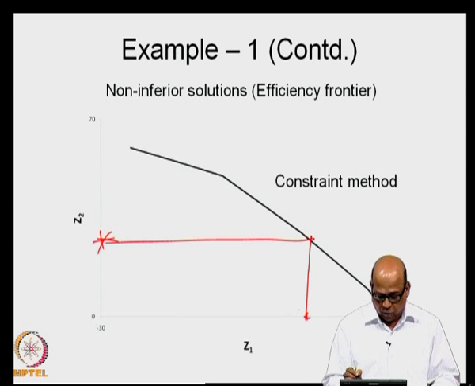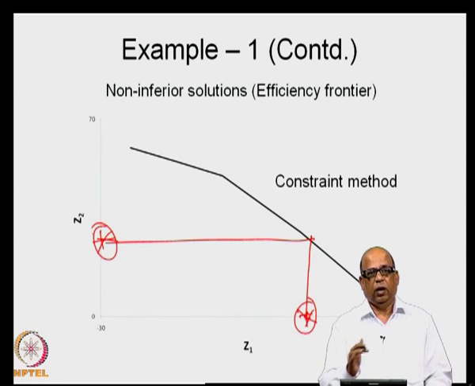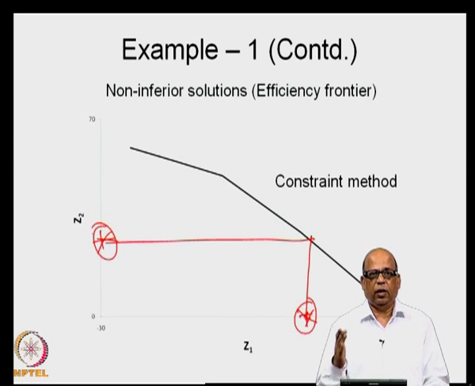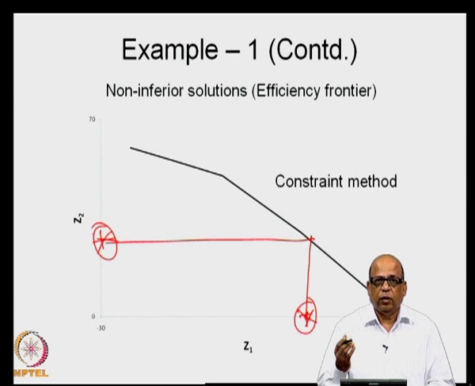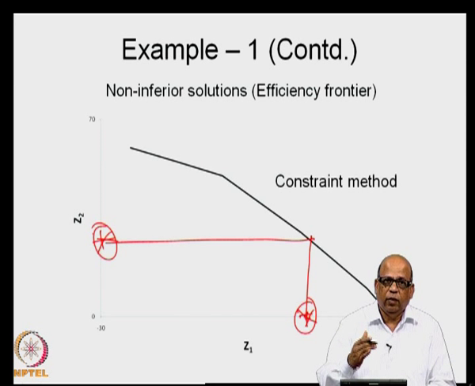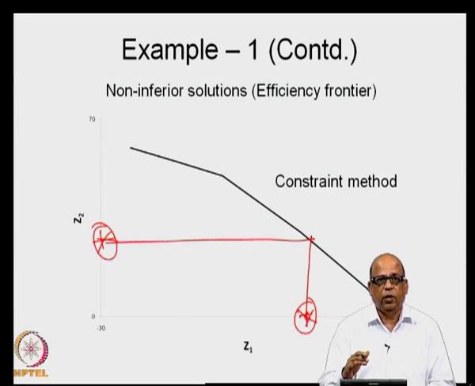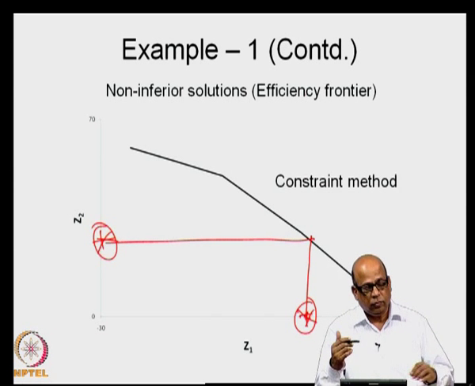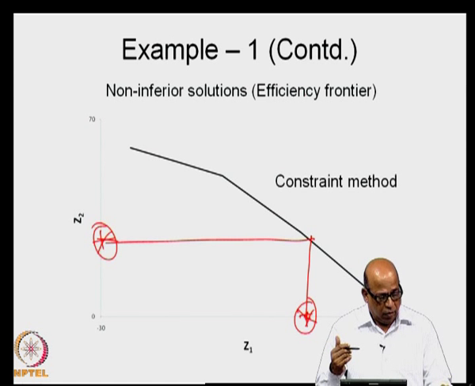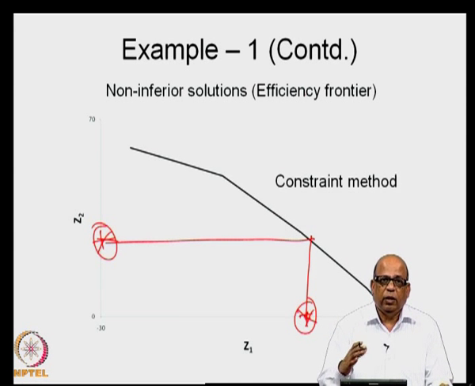Knowing what Z1 and Z2 indicate physically, for example in our case lift irrigation versus gravity irrigation, you can decide at what level you would like to operate. Now, all of these will be non-inferior solutions, which means they are equally acceptable. The acceptability is a different criterion.